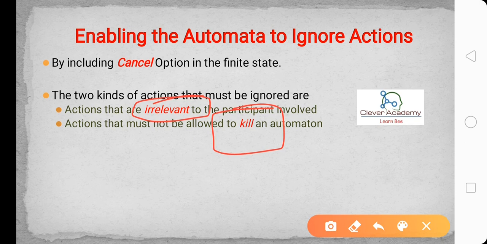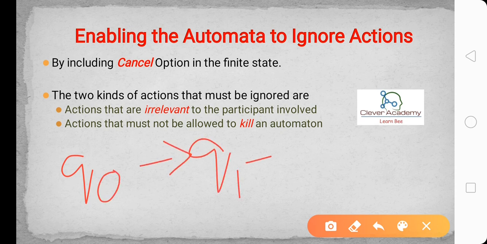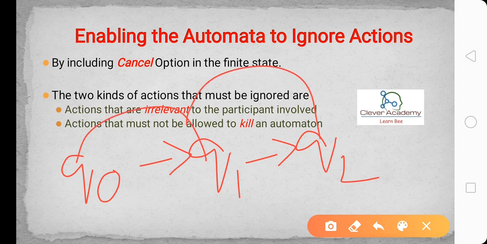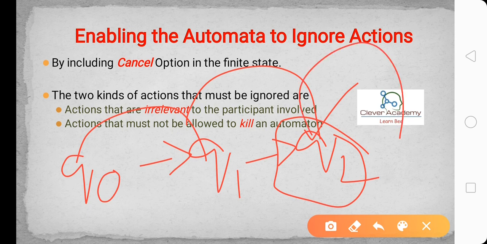Whenever you are moving from one state to another, q0 to q1 or q1 to q2, suppose I don't want to consider a state that is relevant to me, I want to escape or leave the particular state and move to the next state.